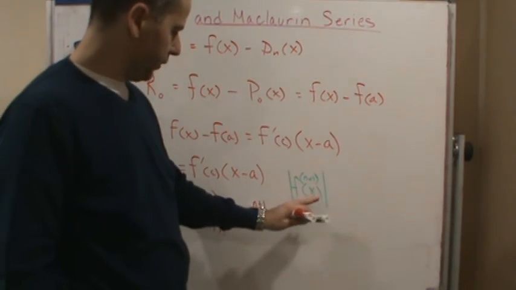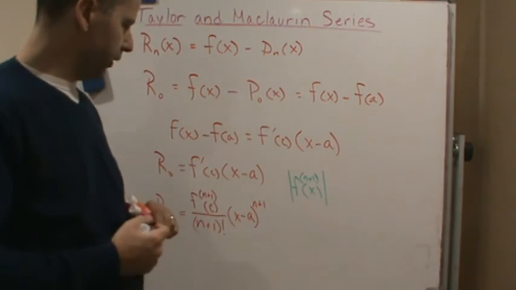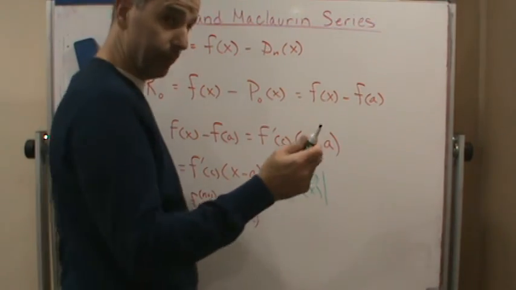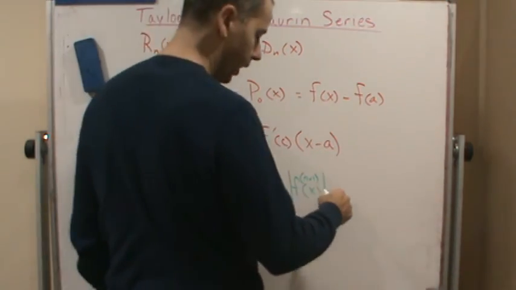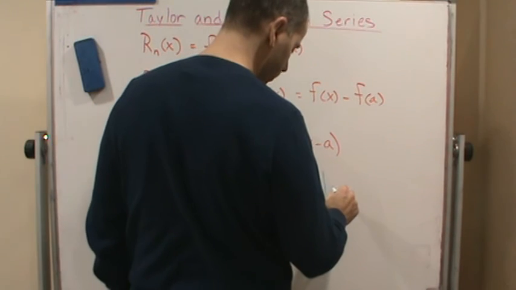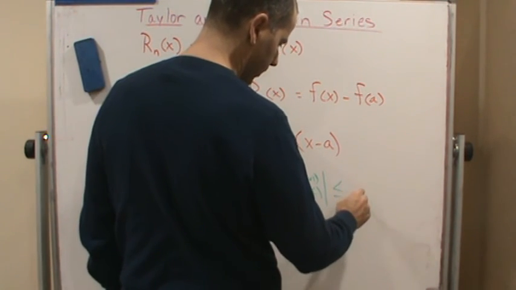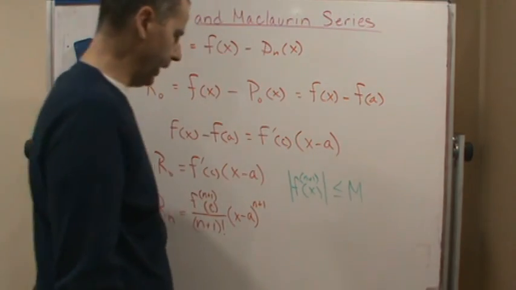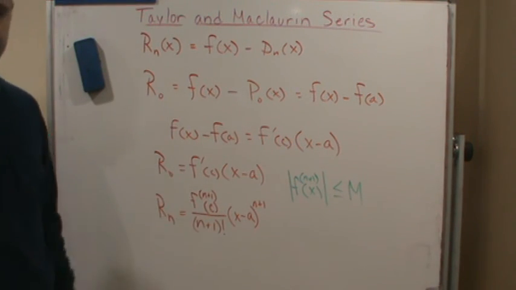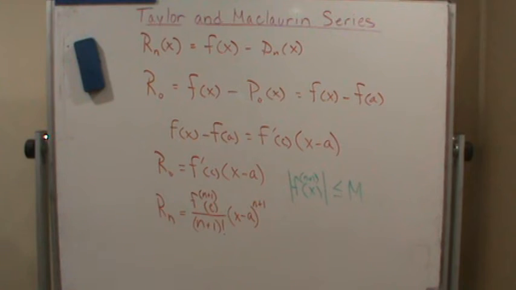So if we can show that this is bounded by some real number m, like before in the trapezoidal and other remainder theorems that we've used, we could say that this is less than or equal to some real number m, then we can replace this with m.